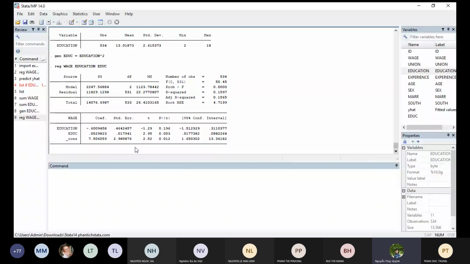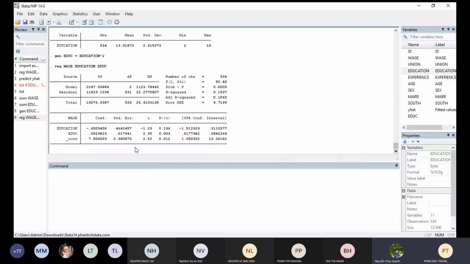Yes. Okay, so let's see the questions. What is the marginal effect of years of education on wage? The marginal effect will be beta 1 plus beta 1 hat plus beta 2 hat education.